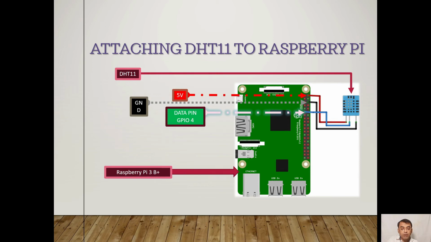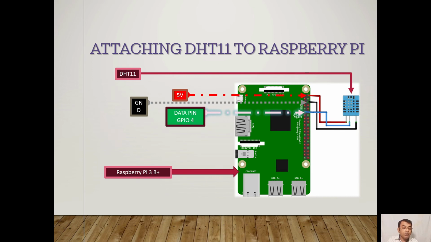Now I will explain how you can connect the DHT11 sensor with this Raspberry Pi. Guys, you can see the circuit diagram. This is the Raspberry Pi 3B plus, and already I told you this is the DHT11 sensor that measures temperature and humidity of an environment.